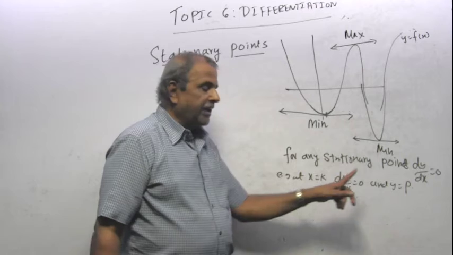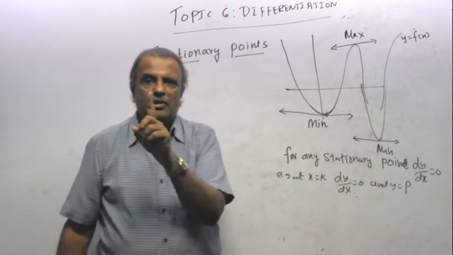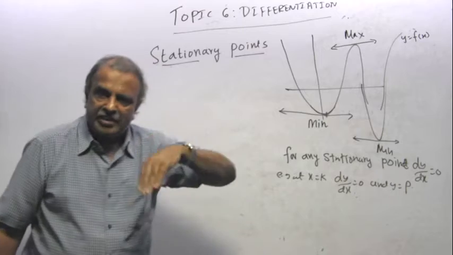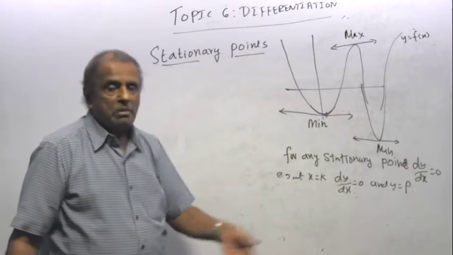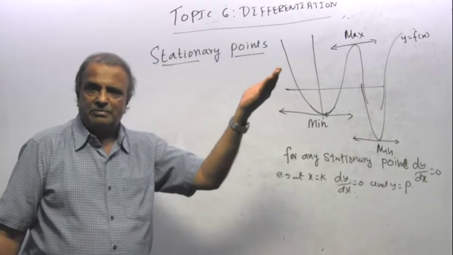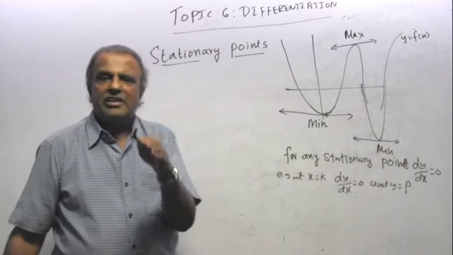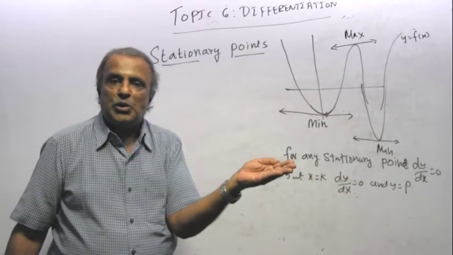Please don't say x equal to k is a stationary point. No. x equal to k gives the stationary value or makes the graph pause, maximum or minimum, or later on we'll see inflection. And then y is equal to p is the stationary value.